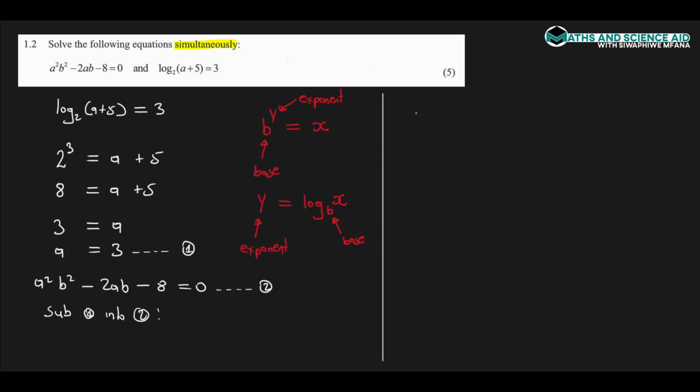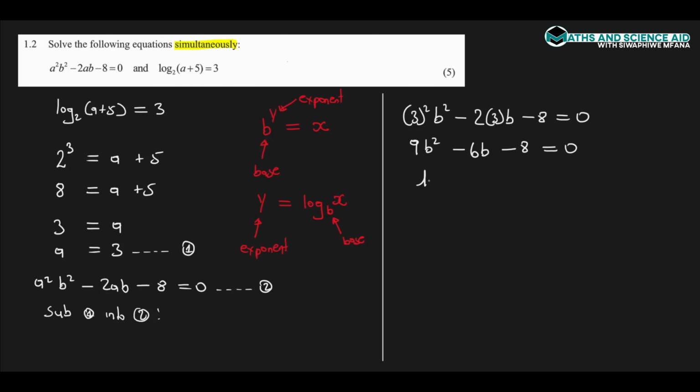So this is now going to give us 3 squared multiplied by b squared minus 2 into 3b minus 8 equals 0. 3 squared is 9, so we'll have 9b squared minus 2 multiplied by 3, which is 6b, and then minus 8 is equal to 0.